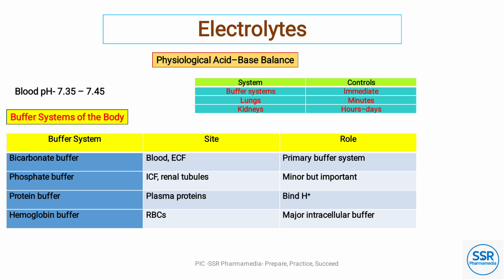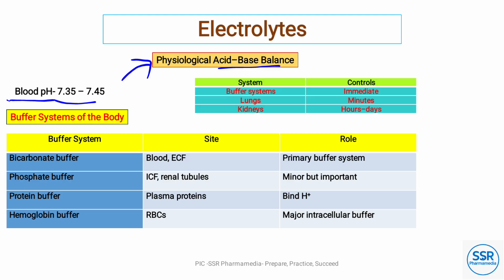So next is the physiological acid-base balance. We'll discuss this. Our blood pH is nearly 7.35 to 7.45, slightly alkaline. This pH is maintained by physiological acid-base balance.